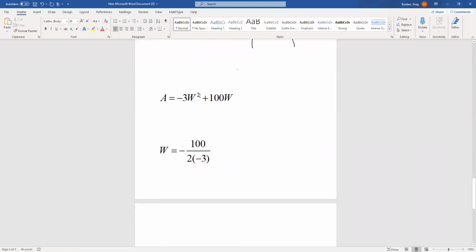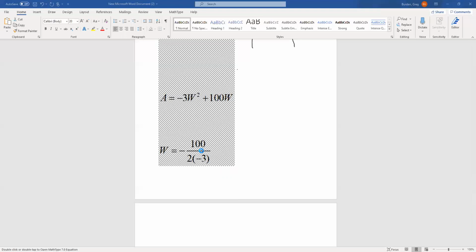If the area is negative 3w squared plus 100w, then this will be maximized, looking at the vertex, when w is equal to the opposite of 100 divided by 2 times negative 3. The negatives cancel out, and this becomes 100, well, actually, I guess 50 over 3, in simplified form, equals 50 thirds.